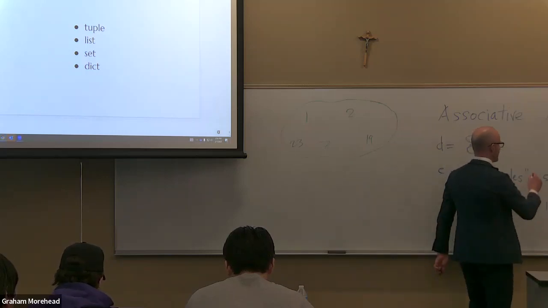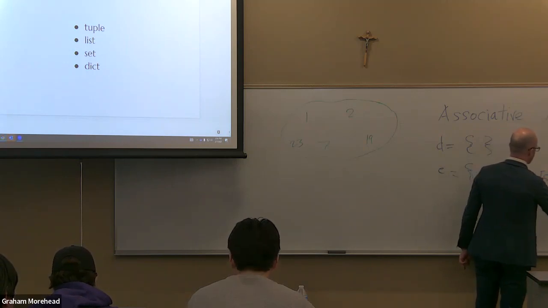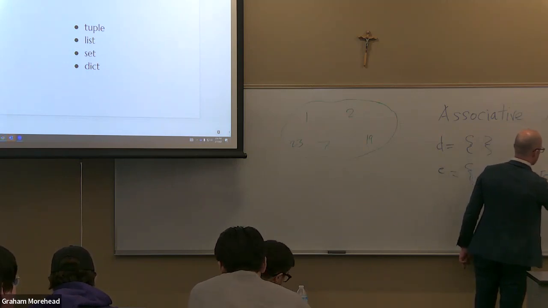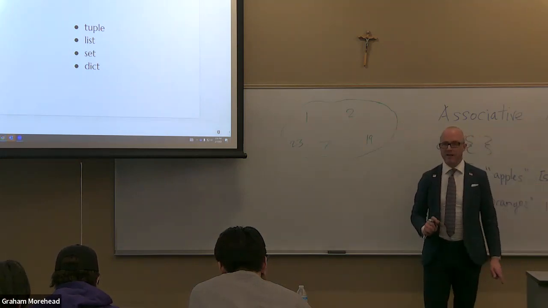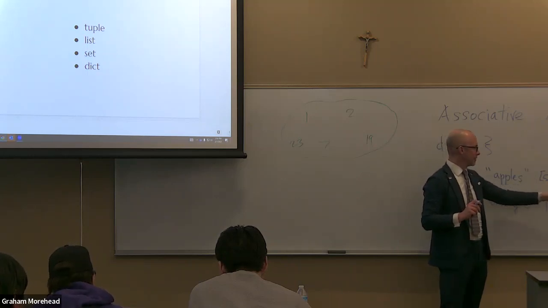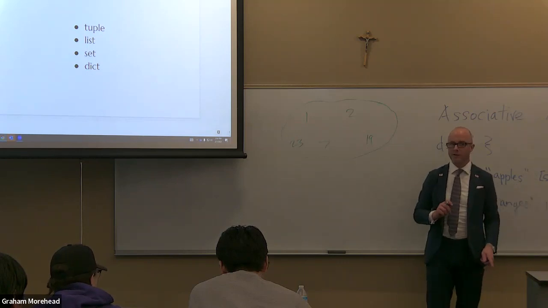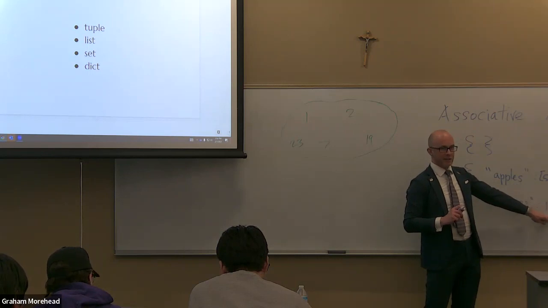Instead of 5, you could have 5, 6, 7, 8. For apples, maybe you have 4 kinds of apples now instead of 1 kind of apple. So you make this instead. And you have 5 of one type of apple, 6 of another. You don't have to change this.